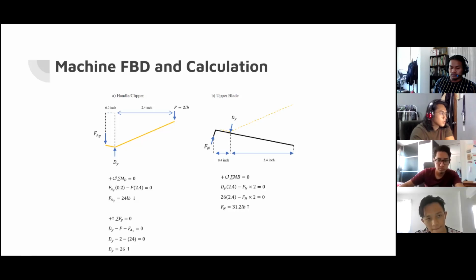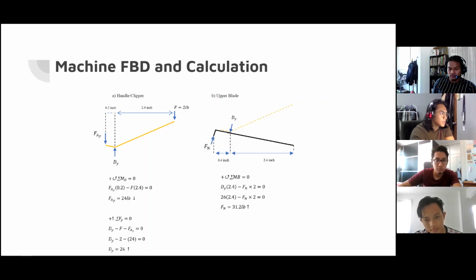After some calculation, we got 24 pounds downwards. And then we can count the dy using the total vertical force, which is equal to 0. So we can count using dy minus F, which is the 2 pounds, minus FAY. We can get dy 26 lb upwards.